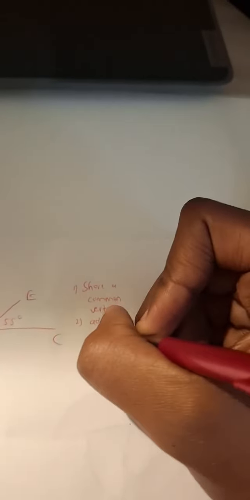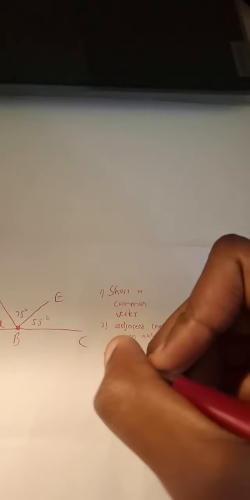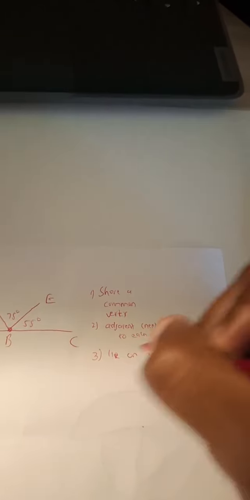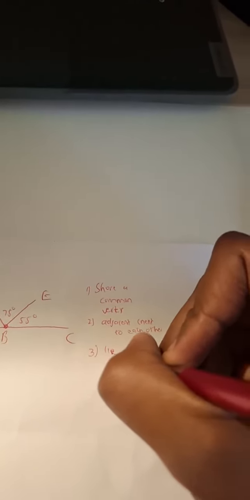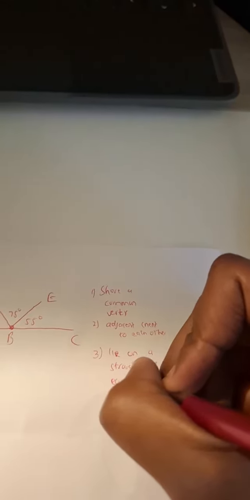So when you have these two conditions: one, they share a common vertex; two, they are adjacent, in other words, they are next to each other; and three, they lie on a straight line and they complete that straight line.